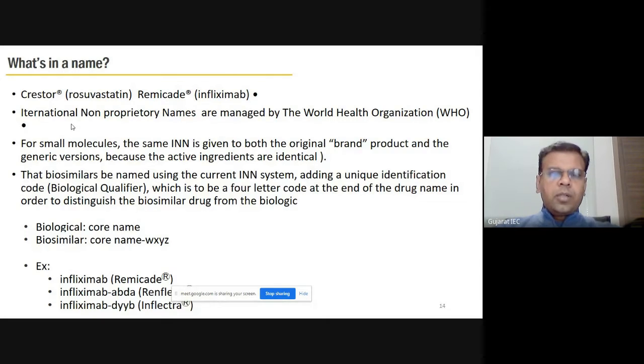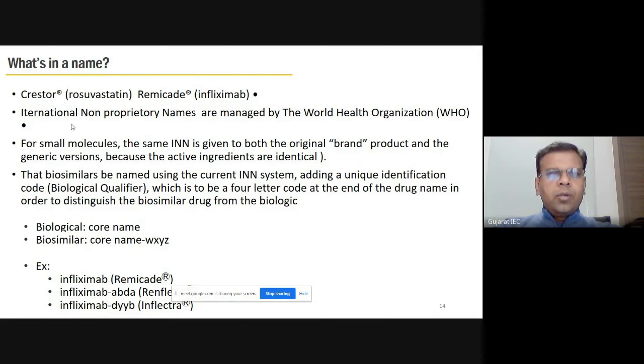I'm not sure if you are aware how they are named, because as I mentioned, they are quite similar. It's very difficult to differentiate between the two. Only a minor change in the structure, a few amino acid sequences are changed, and that's how the biologics are prepared.